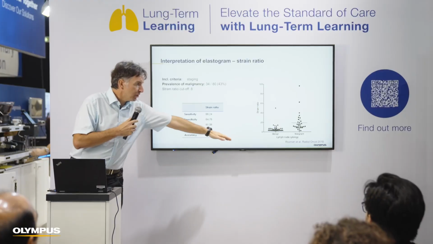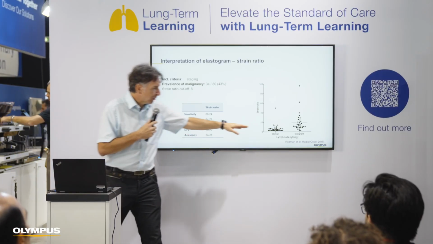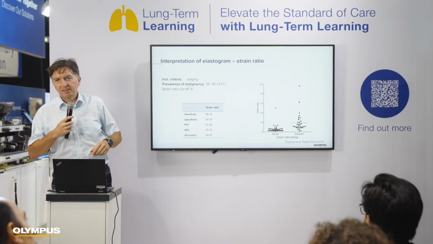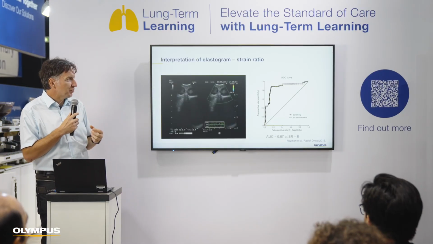We also used the strain ratio, where we compared the hardness in the lymph node with the hardness of surrounding reference tissue. There's also a difference between benign and malignant lymph nodes, quite a striking one actually, but in all cases you cannot differentiate accurately between positive and negative.